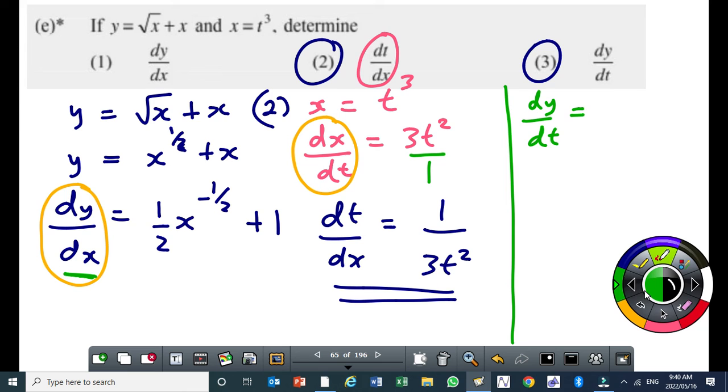No, but I'm not sure. Can you pay attention? Dy over dt is the same as dy over dx times dx over dt. Yeah. Do you see that? So that these two will cancel out. Are you following that? Yes.